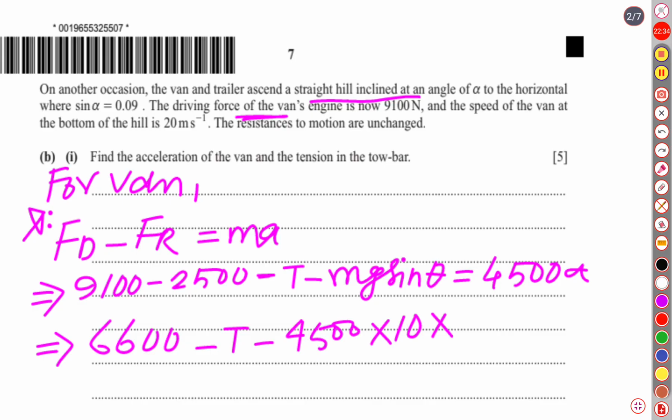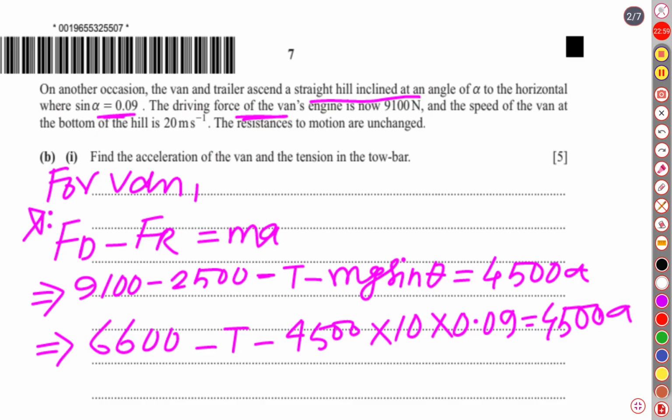It's a different angle. Sine alpha is 0.09, so 0.09 is equal to 4500a.